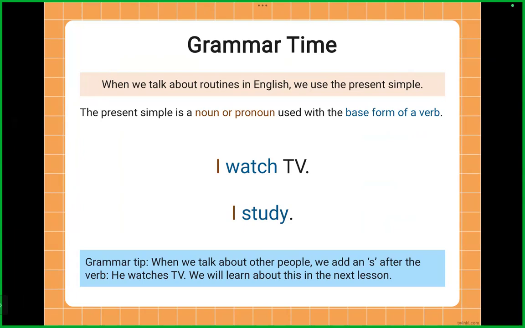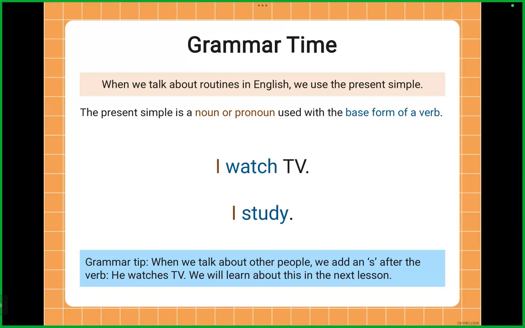So that means in classes number 1, 2, and 3, we learned about the present simple tense, the meaning, the function, and in which way we can use this tense to express ourselves, our routines, everyday activities, and facts. Today we're going to practice a little bit of grammar, because we need to practice more exercises about this tense.